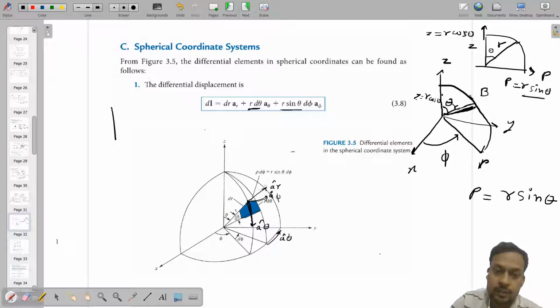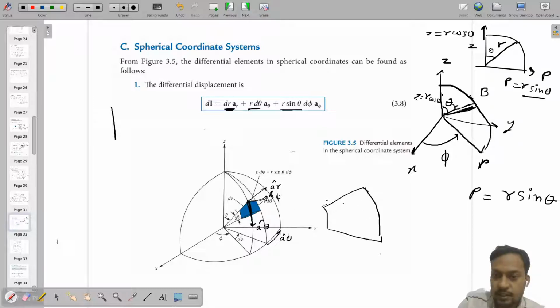Now for the unit vector a_r, we have a simple linear length. Therefore, the differential length is dr along a_r. But for angle theta, if we take the normal bottom surface of this differential length, this is the side view of this blue portion.